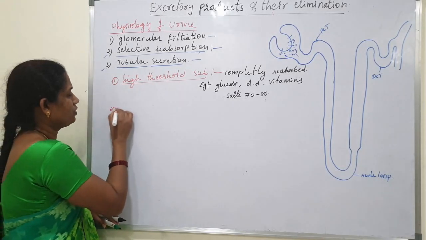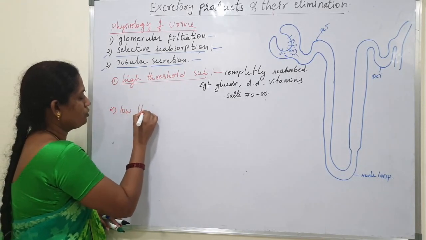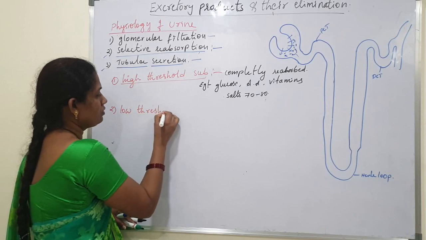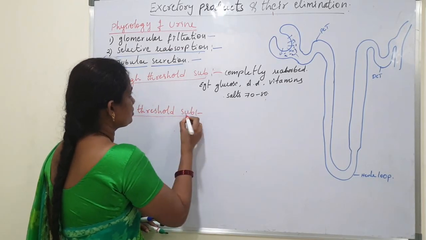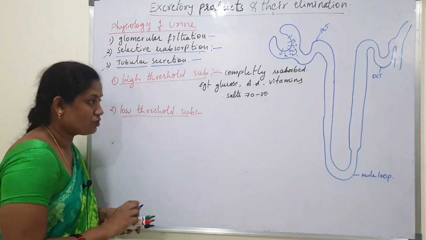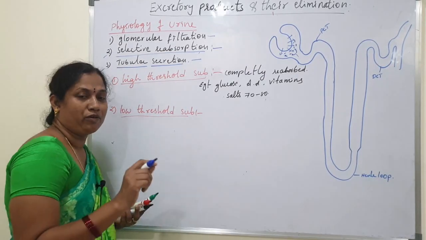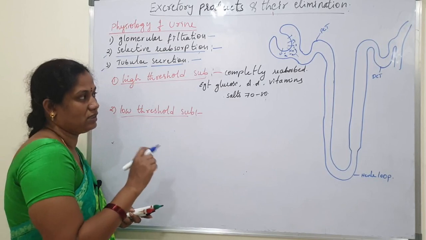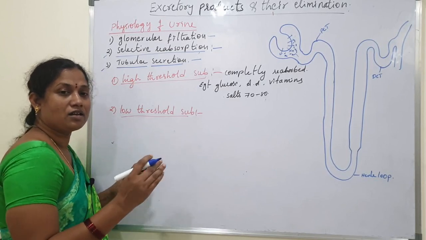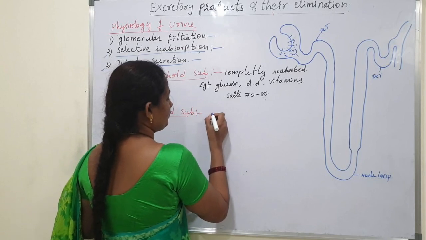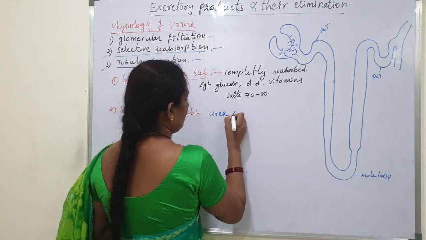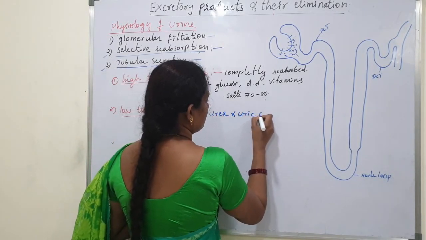Next, low threshold substances, which means only a small amount of the substance can be reabsorbed into the tissues. For example, urea and uric acid.